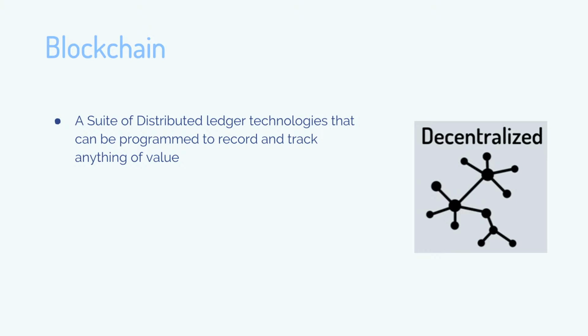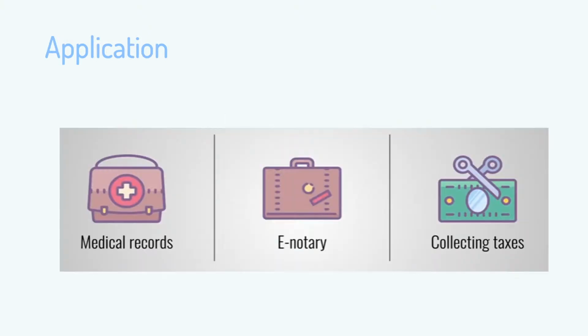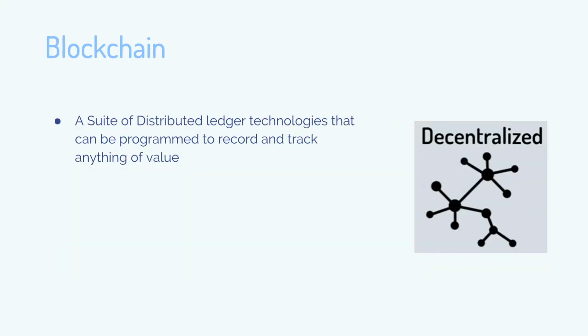You need to know what a decentralized network is and what a centralized network is. About that we will discuss in the coming slides. But the definition is: a suite of distributed ledger technology that can be programmed to record and track anything of value. This is the basic thing about blockchain technology.